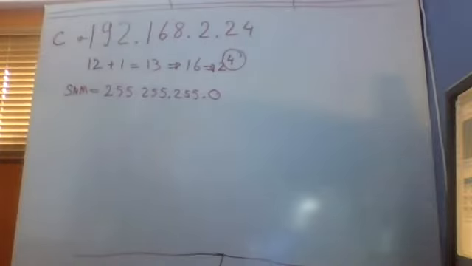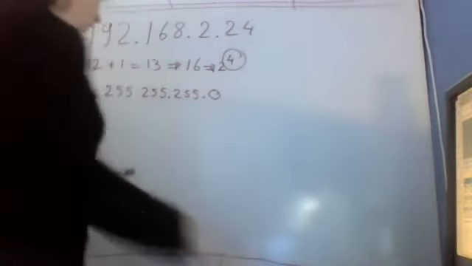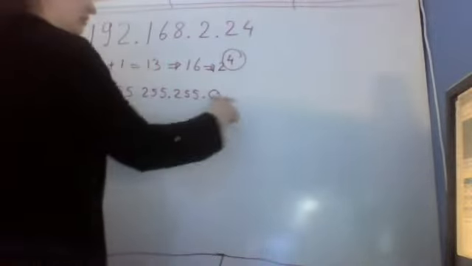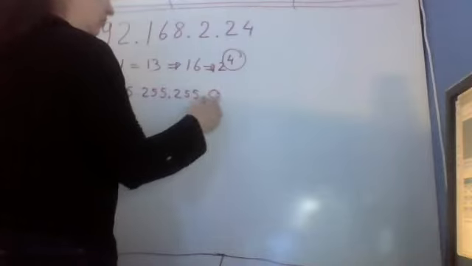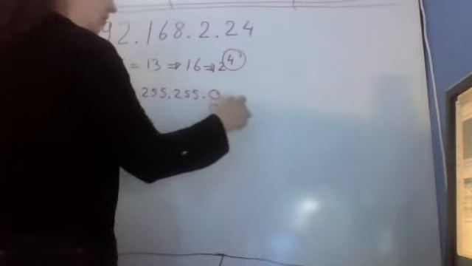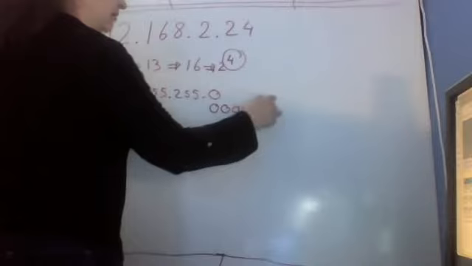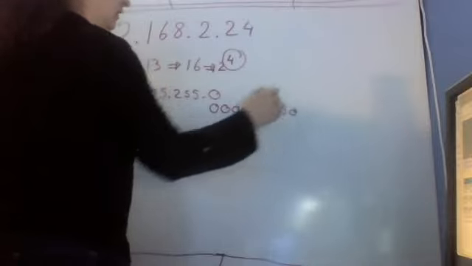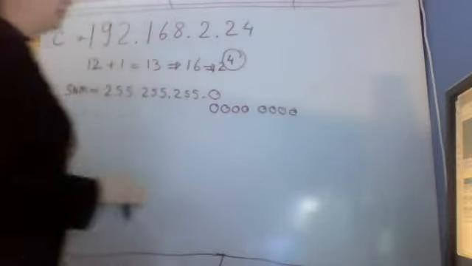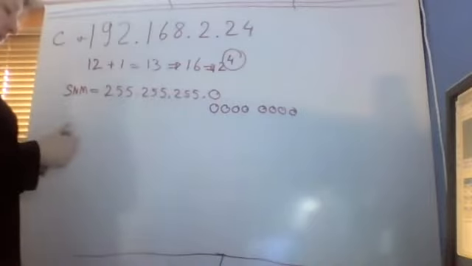And now we want to work on our custom subnet mask. So for our custom subnet mask, we're going to break this 0 here into the binary format, right? We have 8 bits for each octet.